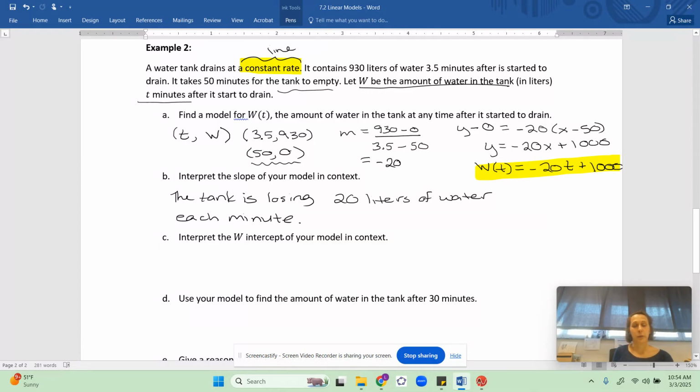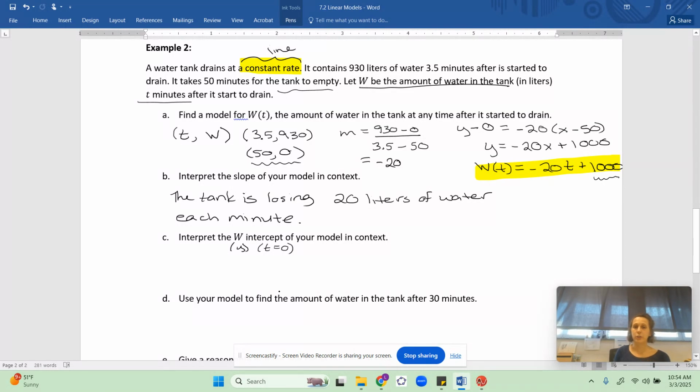Interpret the W-intercept. Think of W as like the y-intercept because W was like our y here. And the W-intercept was 1,000. What does that mean? Well, we wrote on the previous page that the y-intercept is when x, or when t, is equal to 0. So when the time is 0, W is 1,000.